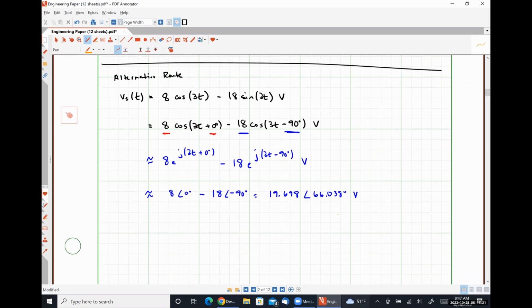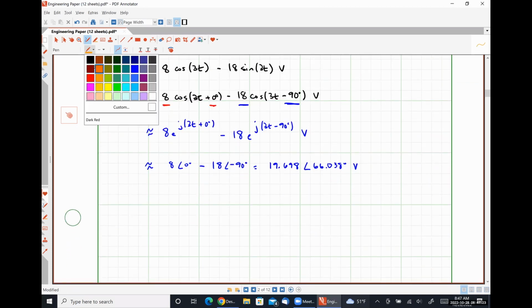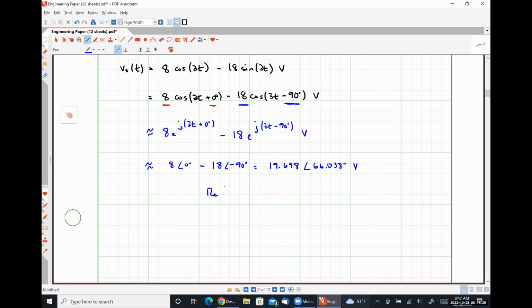Which is why I can say that the real part of 19.698 angle 66.038 degrees is 19.698 cosine 3t plus 66.038 degrees volts, which is what we found earlier. The only thing that's truly missing here is this 3t bit, okay? We had to have known that before in order to put that back in.